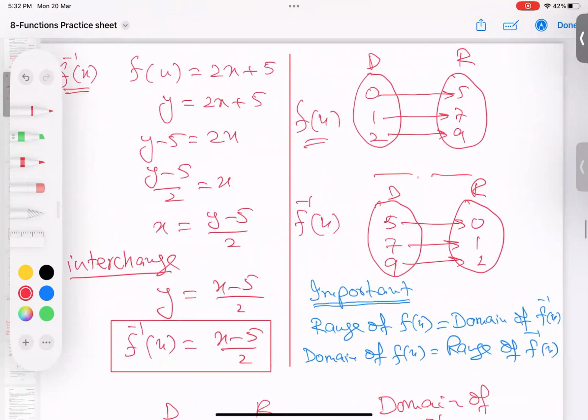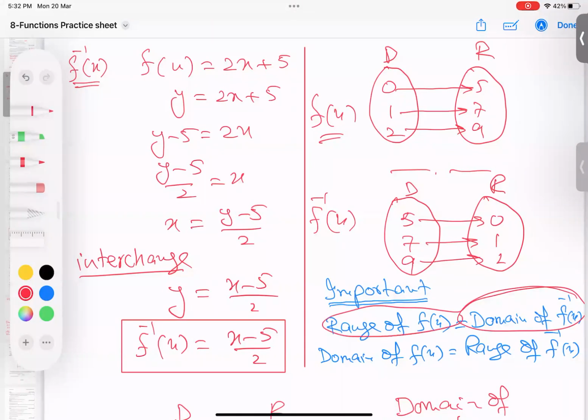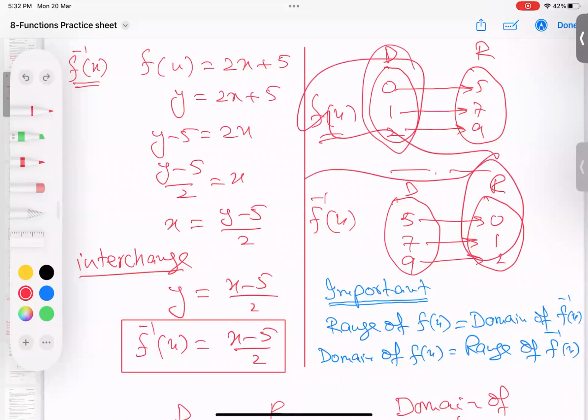And what I discussed before, that the range of function is actually the domain of inverse function. See, check, same. So range of function is actually domain of inverse function. I repeat again, domain of inverse function equals range of function. And second, the domain of a function equals range of inverse function.